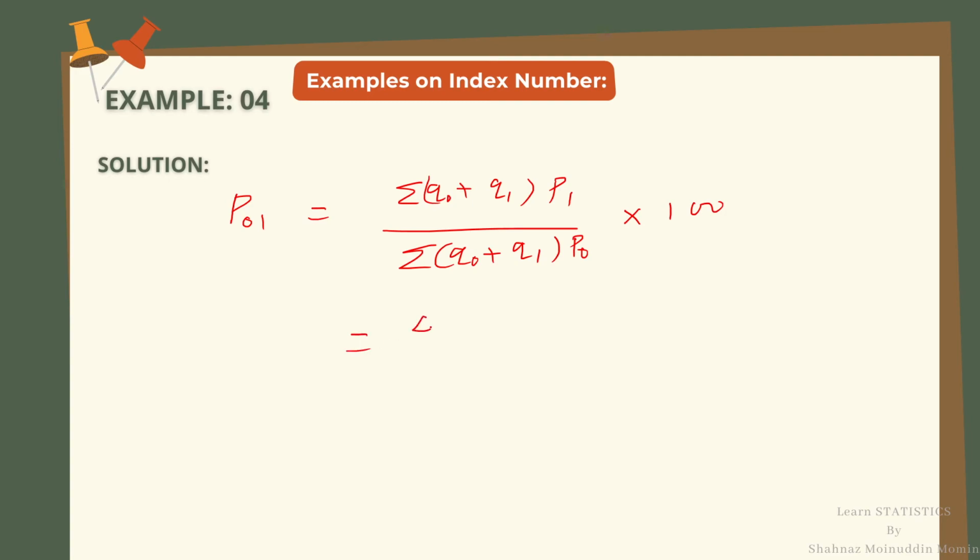By substituting the values, 4545 divided by 3040 into 100, which is equal to 149.51. This is the price index for Marshall Edgeworth index number.